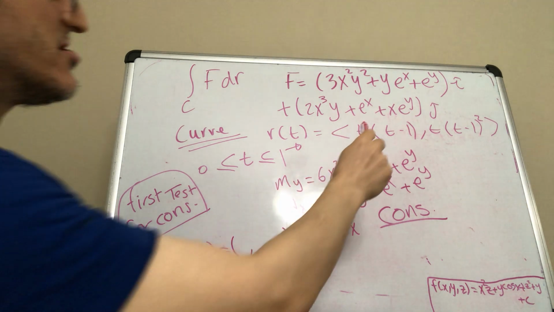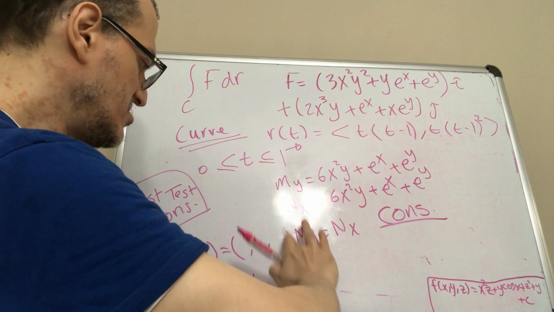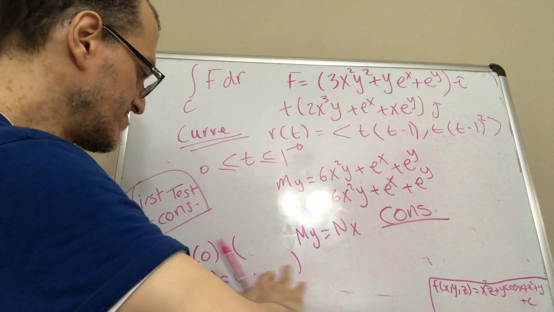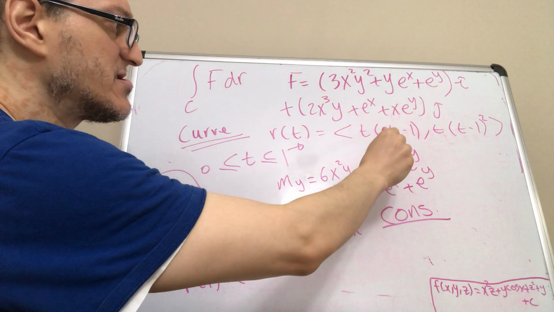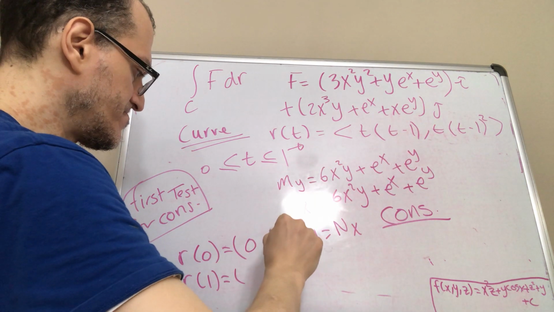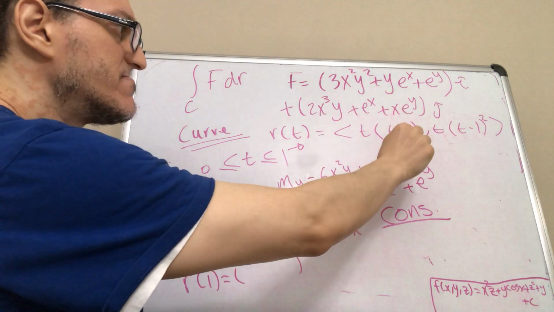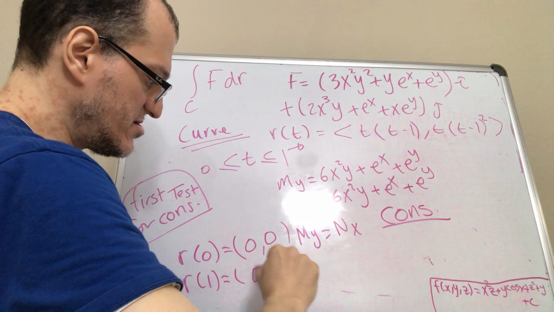If you plug in 0, that gives you 0 and 0. If you plug in 1, it gives you 0 and 0.